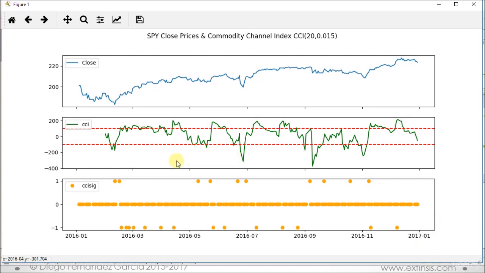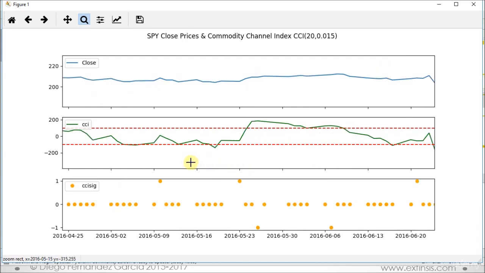So let's focus on some part of the chart so that we can study the corresponding trading signals. Let's say, for example, here. There we are, so that we have both of them. So as mentioned before, whenever we had a point where our corresponding commodity channel index went from below to above minus 100, which was that corresponding lower threshold, then we had a buy signal being implemented one day after.